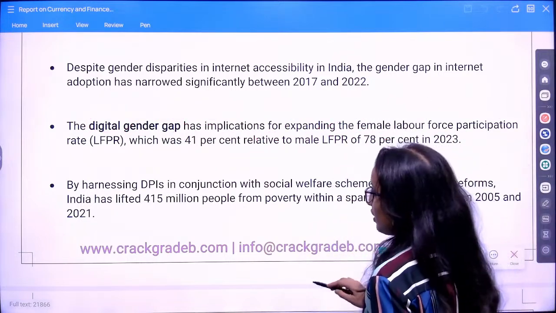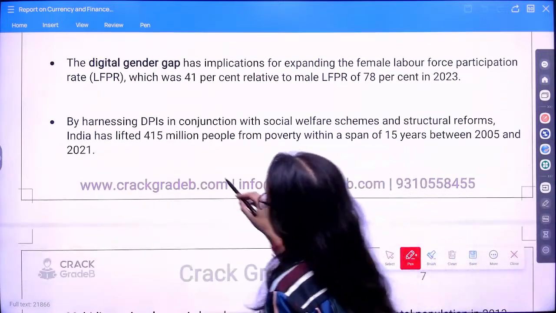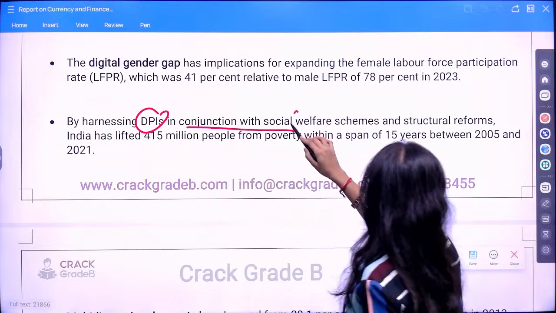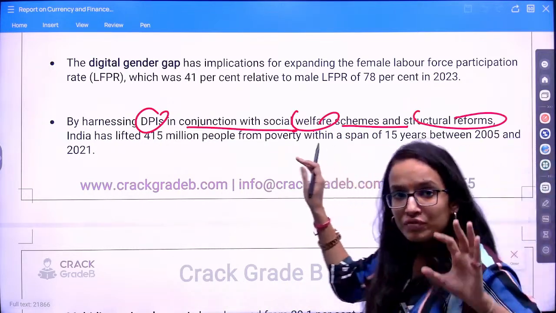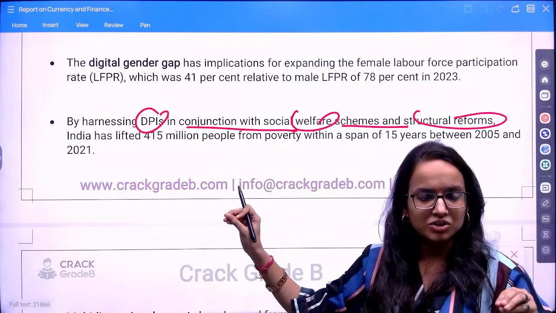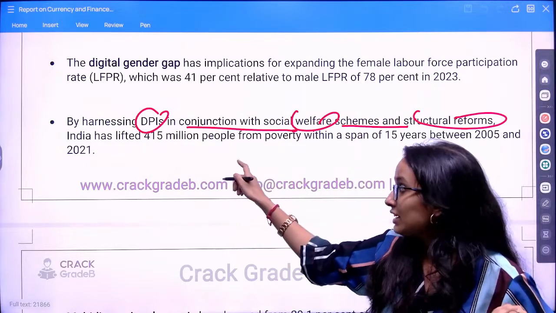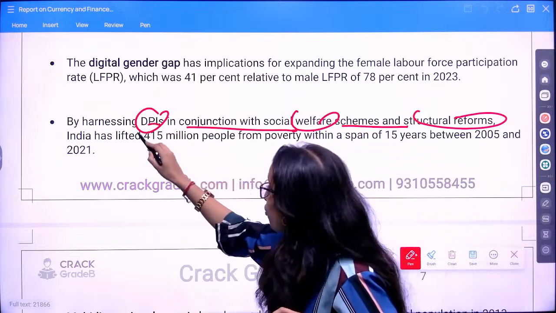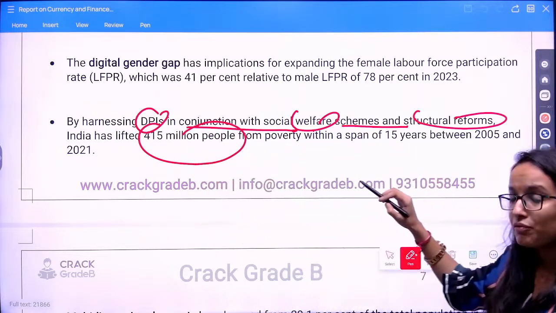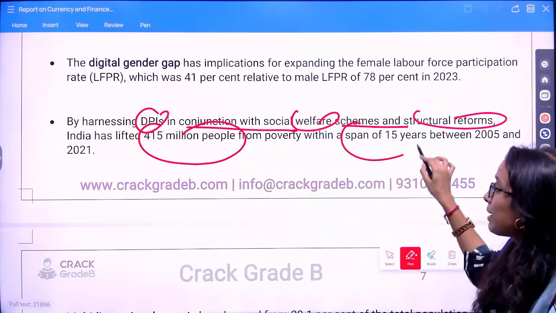Okay. Then by harnessing DPIs in conjunction with social welfare schemes and structural reforms, India has lifted. So with the use of digital public infrastructure and services, this data is important. Remember this, India has been able to lift 415 million people from poverty within a span of 15 years.